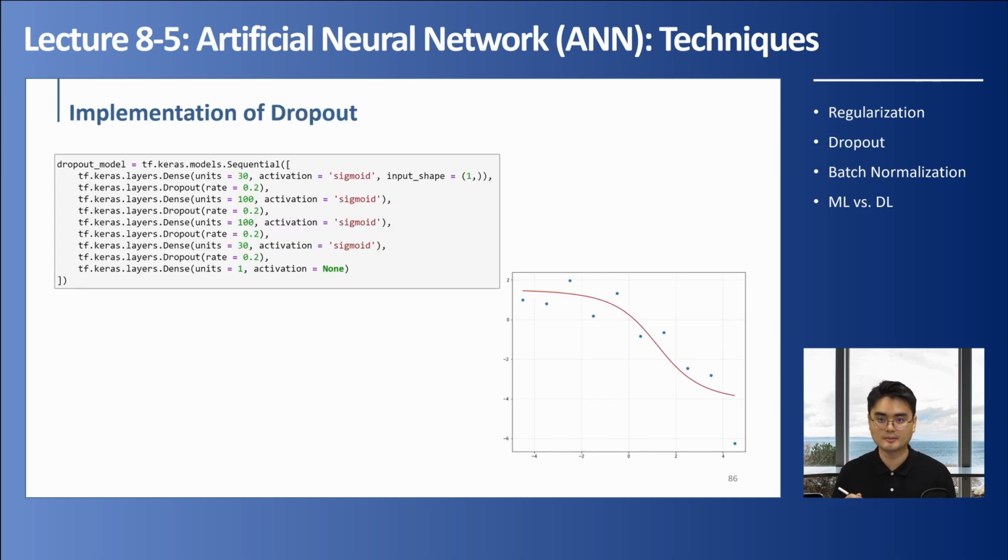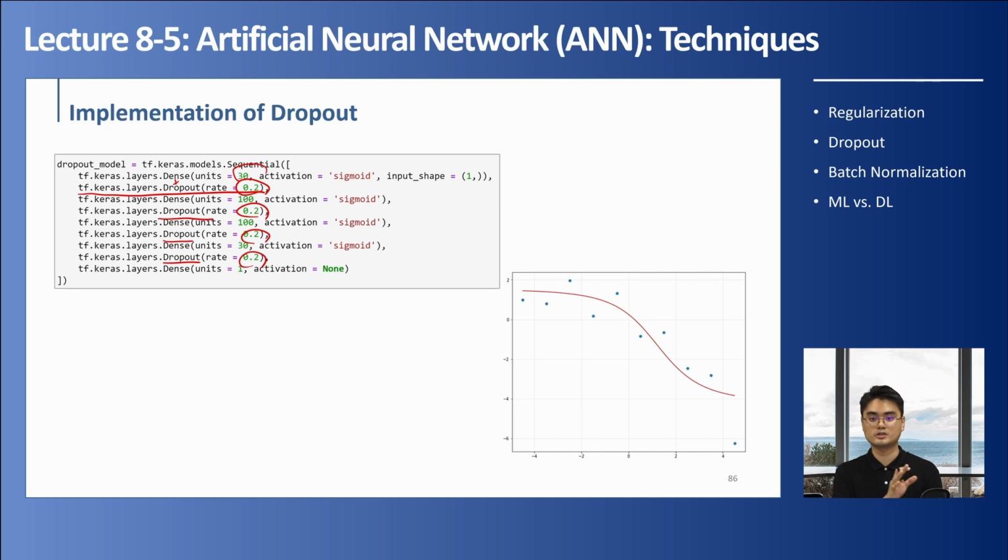When we're implementing dropout using Keras, you can see that here we have dropout layers. You can just add these dropout layers right after your dense layer, the fully connected layers of your neurons. So here, 0.2 means 20%.